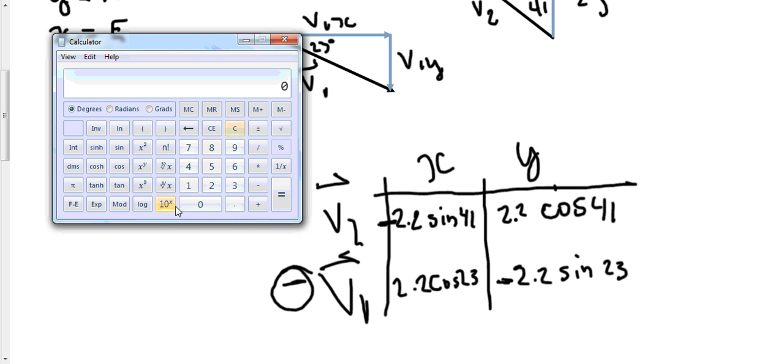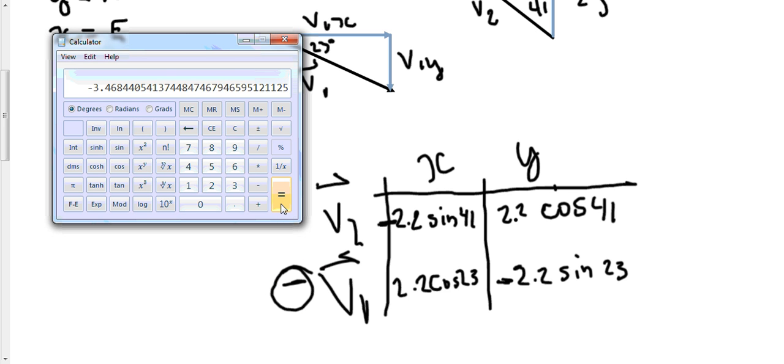Let me start that over. Minus 2.2 times sine of 41, minus 2.2 times, this one's the cos of 23. So what I've done is I've entered all this in one go. Remember, I have to take into account this negative sign.